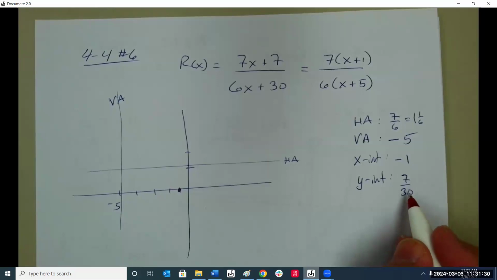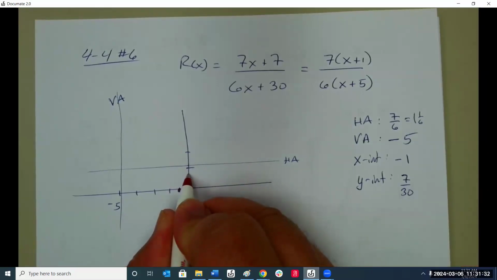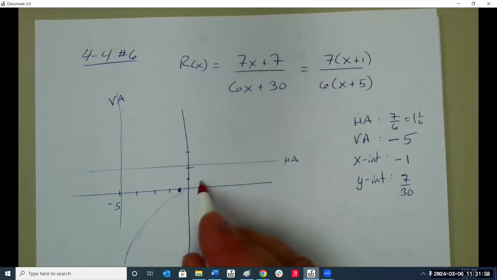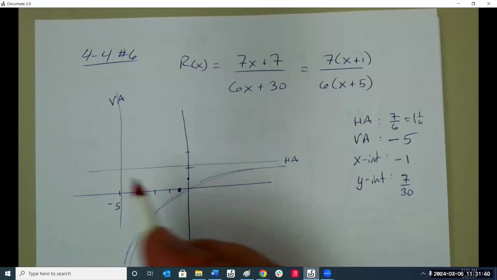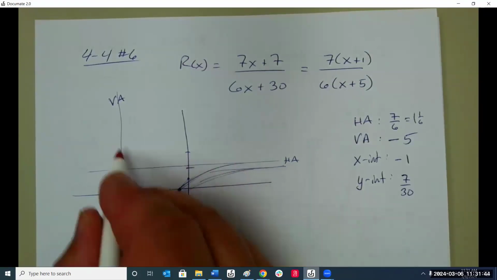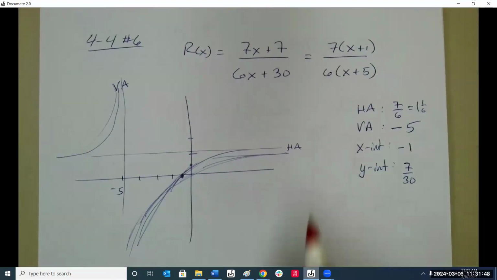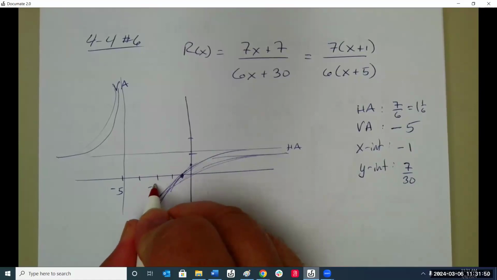Y-intercept is at 7/30. So what I'm saying is, it's going to look like this. Just in case, let's go and plot some points. At -3.